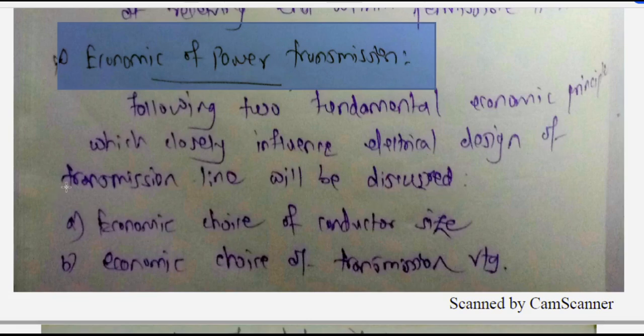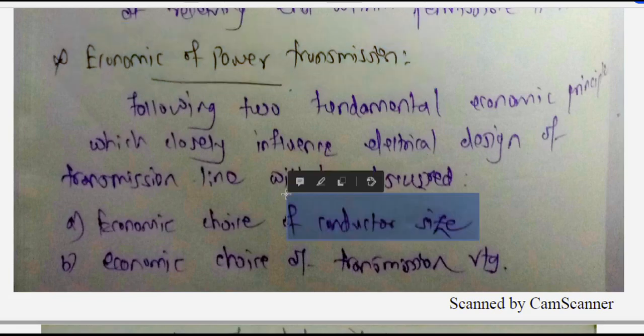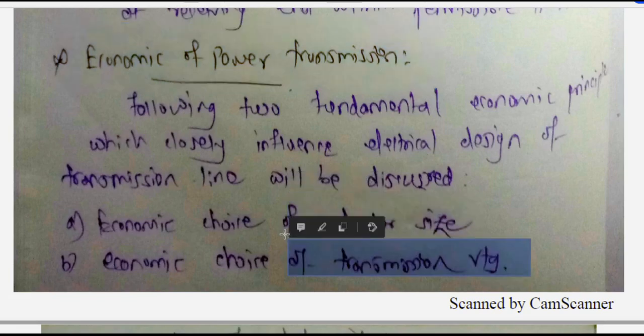The first is the economic choice of conductor size and the second is the economic choice of the transmission voltage. So we have to take care of these two.